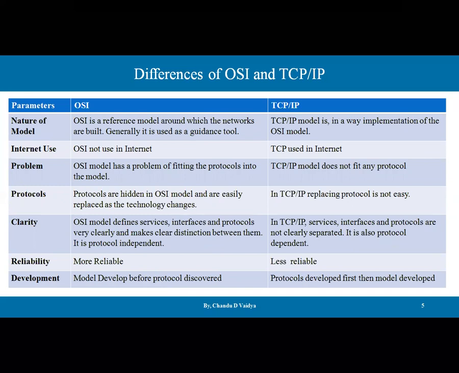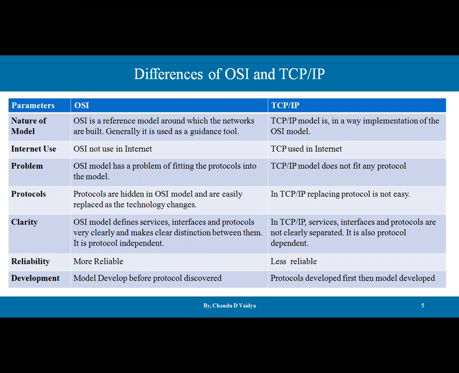The problems. The OSI model has a problem of fitting the protocols into the model, whereas the TCP/IP model does not fit any protocols. And protocols are hidden in the OSI model and are easily replaced as the technology changes. There is flexibility available in the OSI model, but in TCP/IP, as it is an implemented model, replacing protocols is not easy.